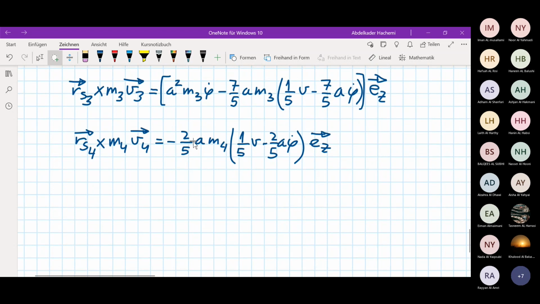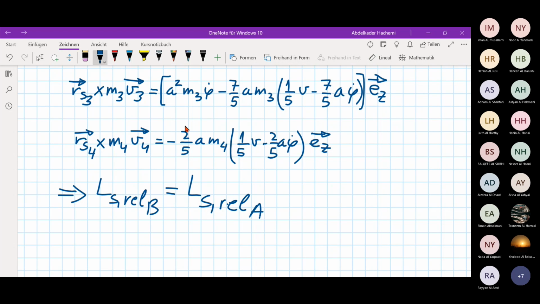If we develop, we will get LS relative before will be equal to LS relative after.